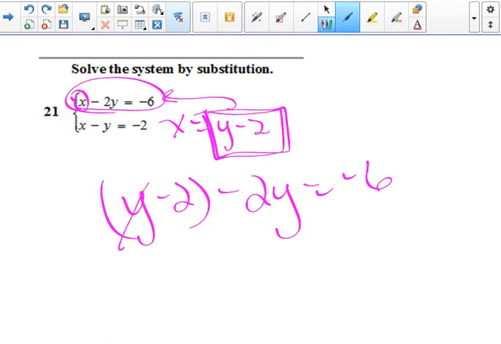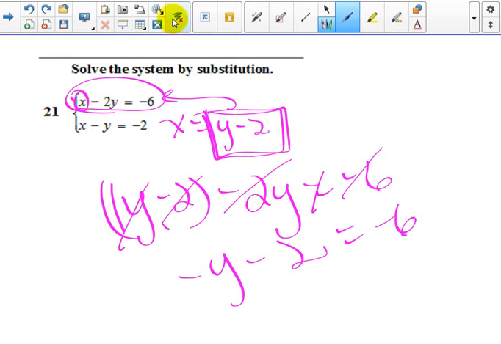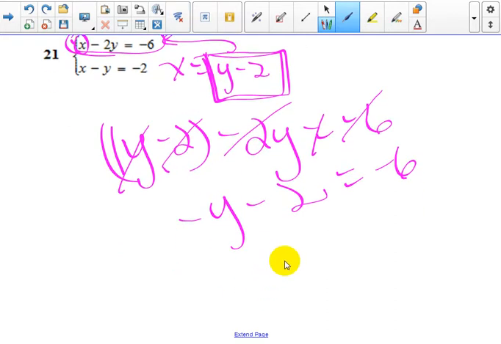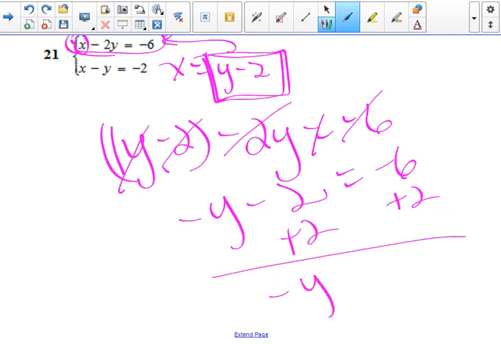So we have y minus 2y, combining our like terms, that's like a 1y, it becomes -y. And then minus 2 equal -6. Okay, now we want to continue to solve, so add 2 to each side, and you get -y equals -4. Divide both sides by -1, and you get y equals 4.